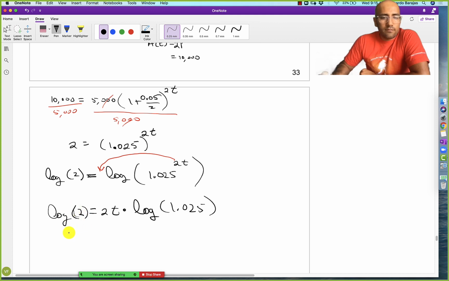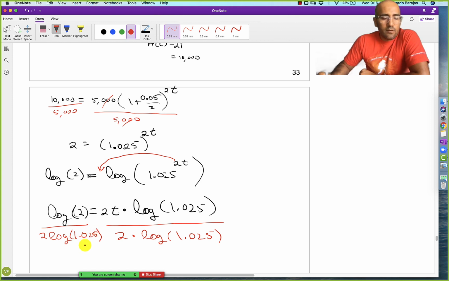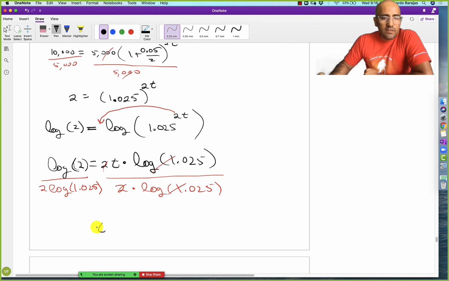Divide both sides by 2 times log base 10 of 1.025, and then we solve for t. So t is going to be equal to log of 2 divided by 2 times log of 1.025.